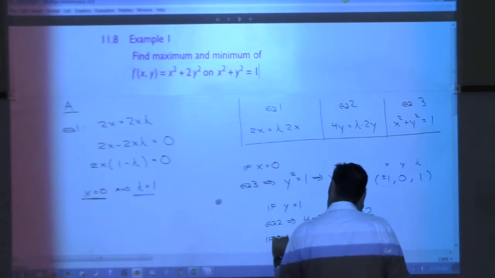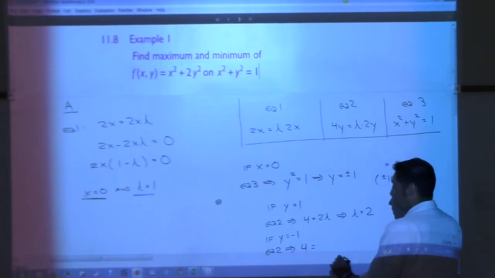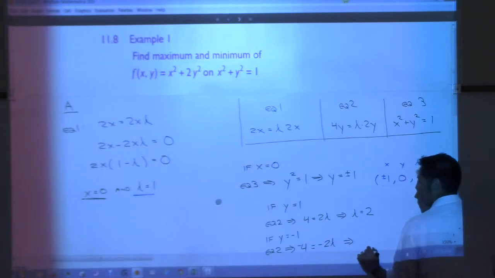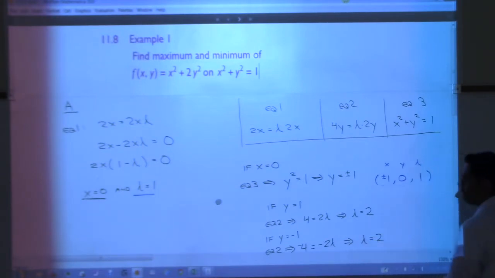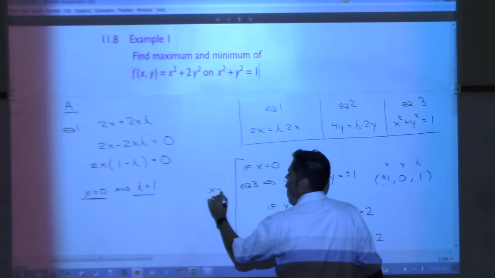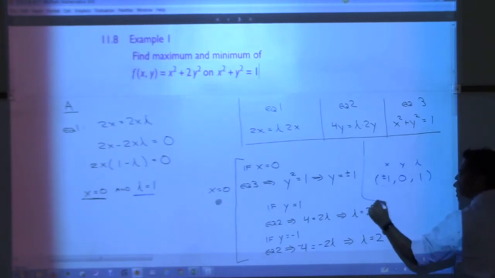If y is negative 1, equation 2 would tell us that negative 4 equals negative 2 lambda, which would mean lambda is 2 also. So all of this is happening within the idea that x was 0, right? So now I have some other points. Let's write them down.